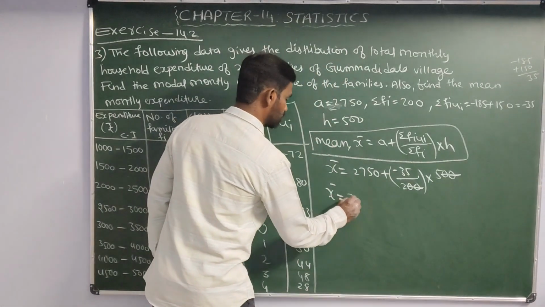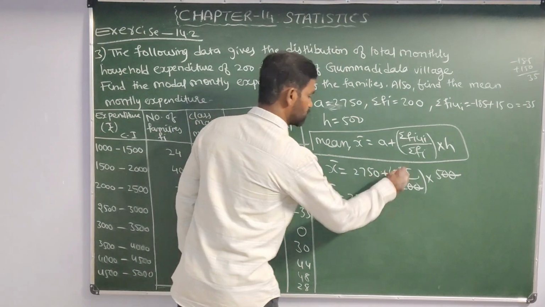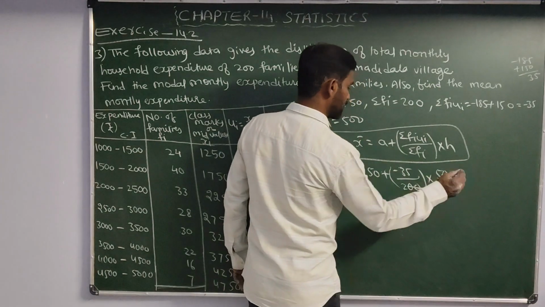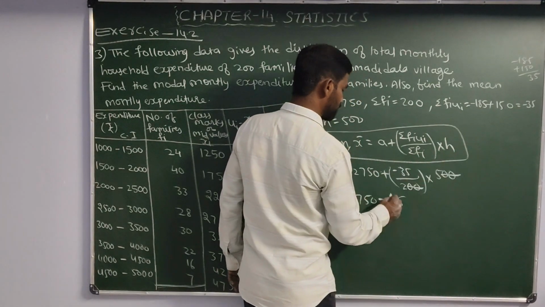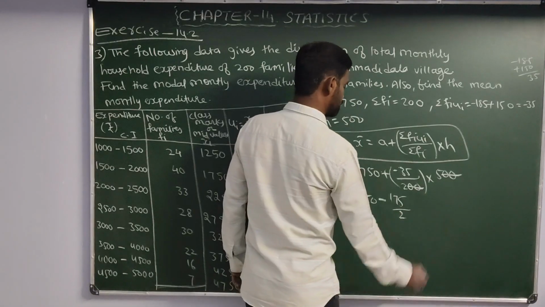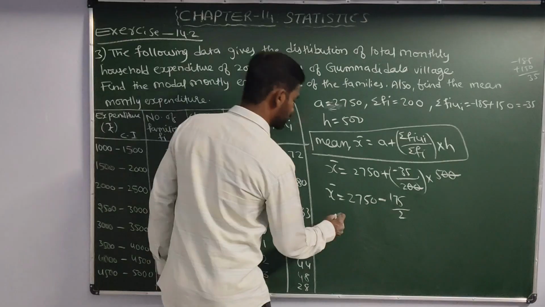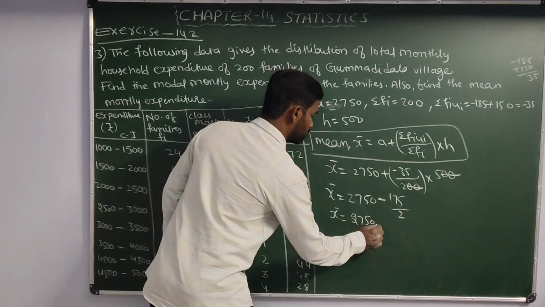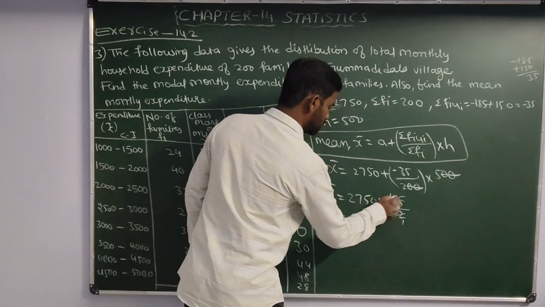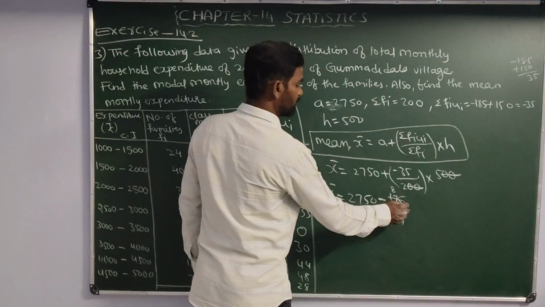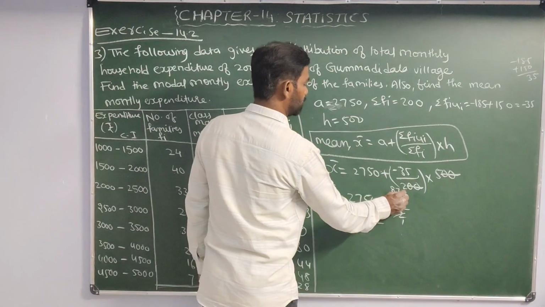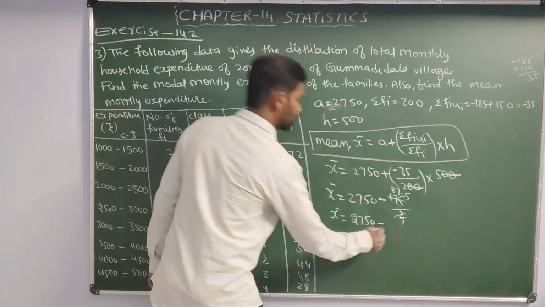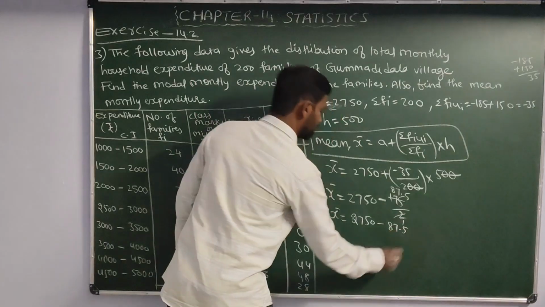X bar is equal to 2750 plus minus 35 into 5, 5 fives are 25, 5 threes are 15 plus 2, 17, by 2. So x bar is equal to 2750 minus 87.5.